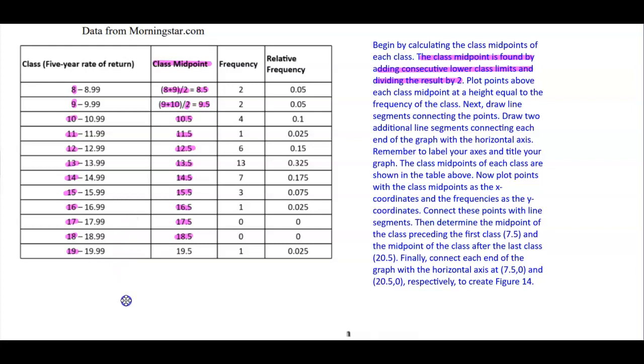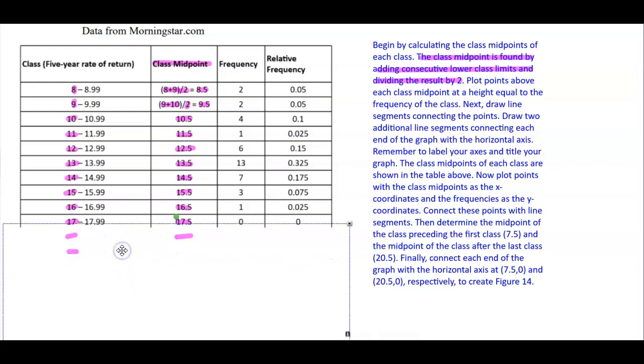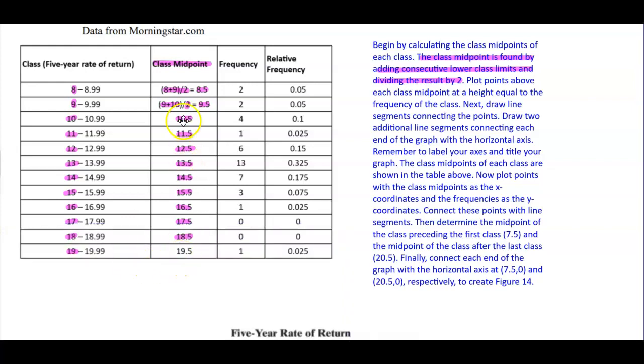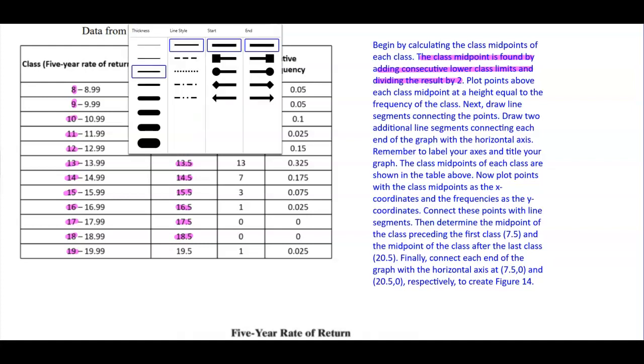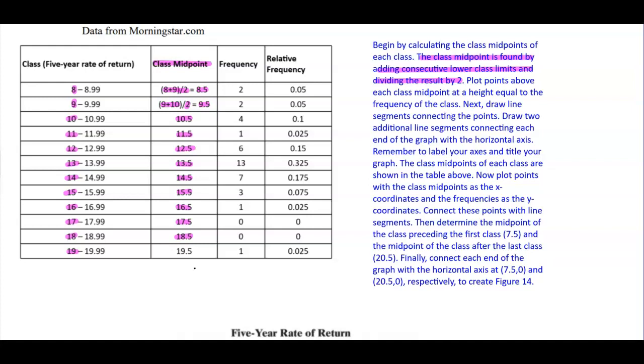Now we need to figure out how we get the one before and the one after. In order to get the next one, 19.5, the next lower class limit would be 20, so we take 19 plus 20, divide by 2, to give us 19.5.